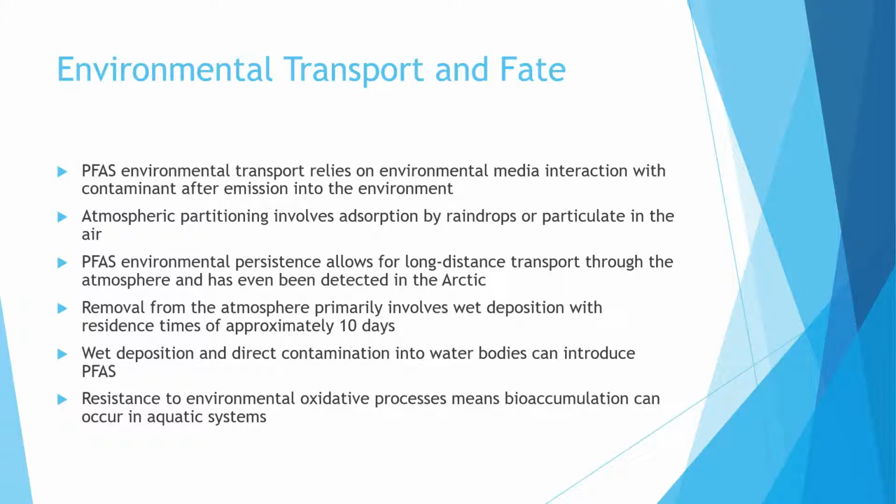Beginning with the atmosphere, atmospheric partitioning involves adsorption by raindrops or particulate in the air. The environmental persistence we just discussed allows for long distance transport through the atmosphere, and this has even been shown to have detectable levels in the Arctic, so clearly these chemicals can travel very long distances in the atmospheric model.